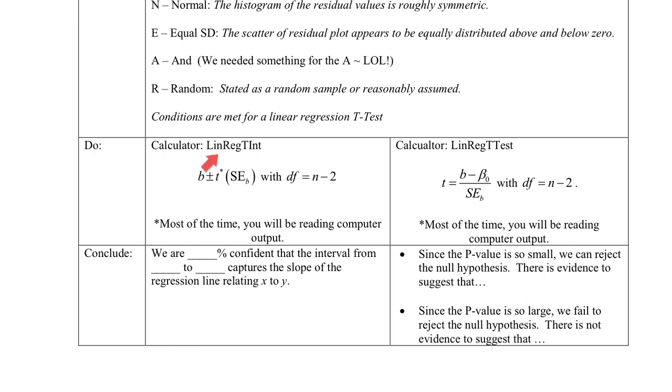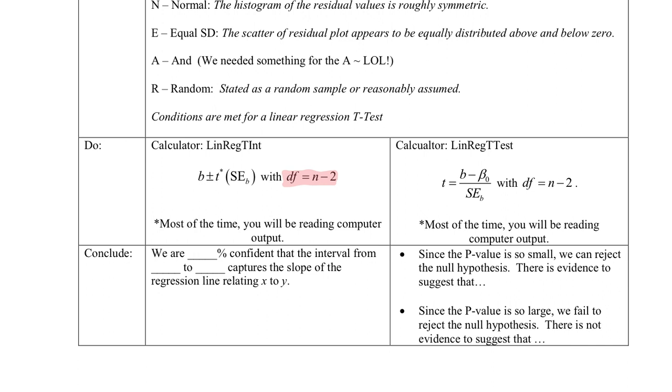All right, on your calculator, you do a linear regression t-interval. But if you had to do this by hand, you take the slope, which is your point estimator, plus or minus t star times the standard error of your slope. Here's a good one: you do need to remember that now degrees of freedom are n minus 2.